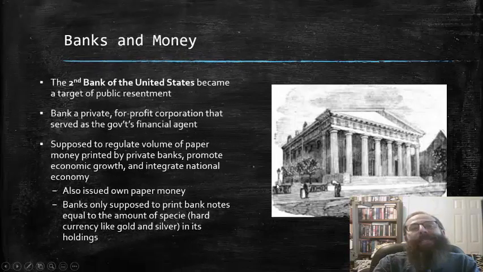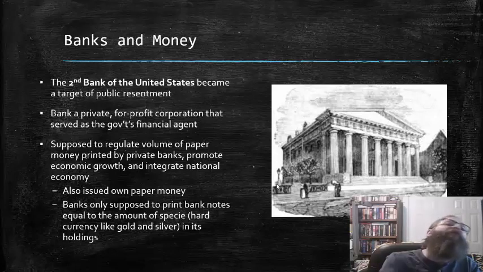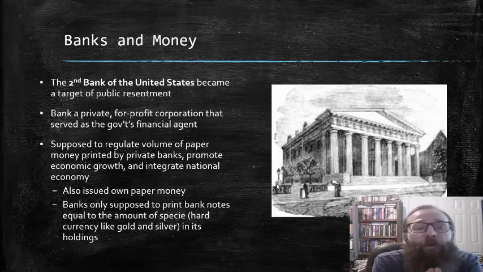The National Bank quickly became a target of public resentment. By this time, the charter for the first national bank, the First Bank of the United States, put into place by Alexander Hamilton, had expired, and a new charter for a Second Bank of the United States had been issued. Like the first bank, this bank was a private, for-profit corporation that served as the government's financial agent.